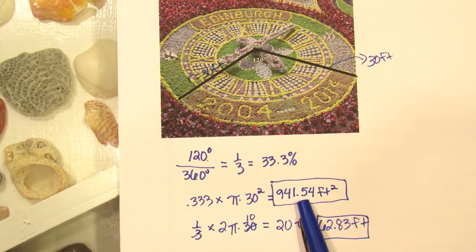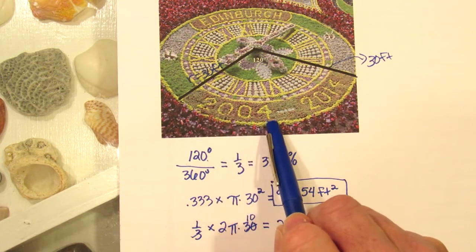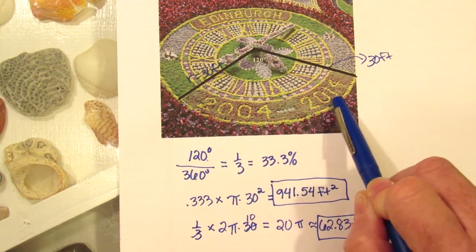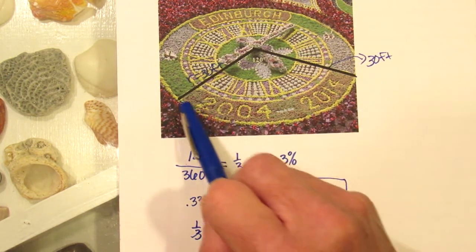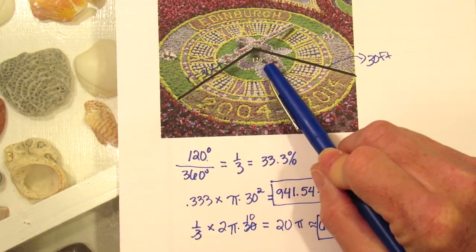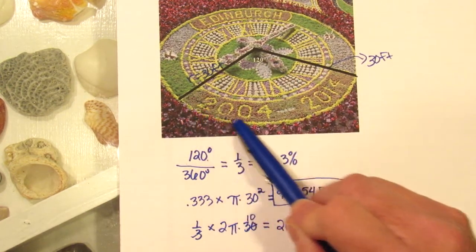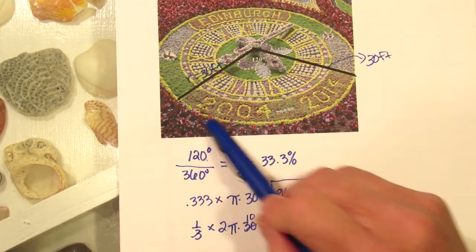If I wanted to know how many of these little pale yellow coleus plants I needed along that edge, then that's an arc length problem. But the 120 degrees still tells me what fraction or percent of the length I need.